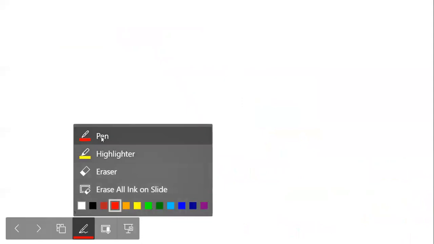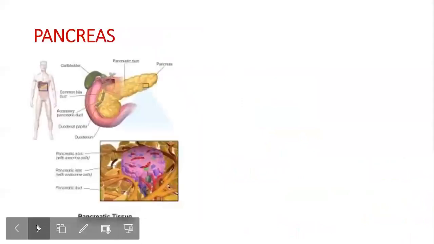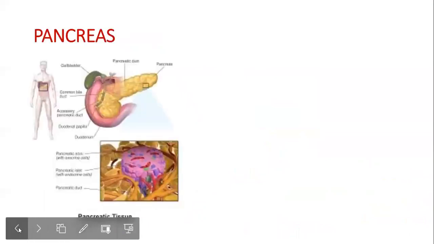Now coming to adrenal gland. Sorry about that, this is the kidney, and on top of the kidney you can see the adrenal gland.